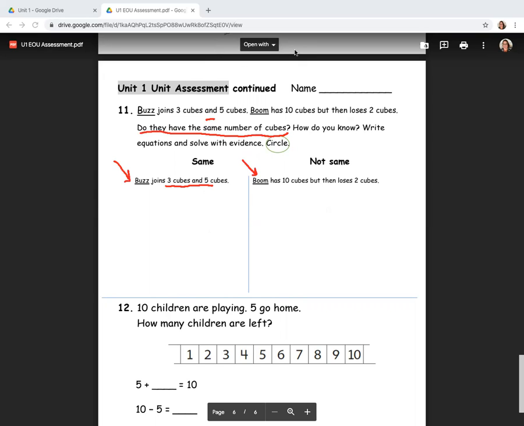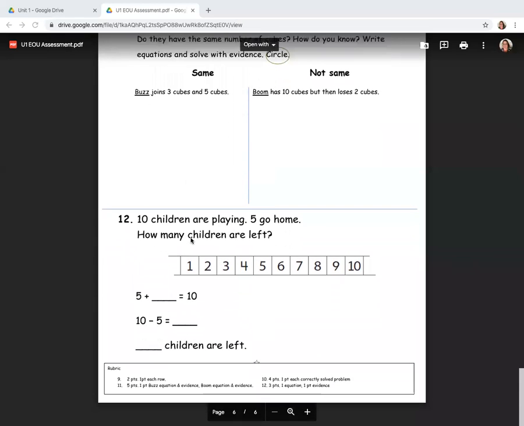And problem 12. 10 children are playing. 5 go home. How many children are left? 5 plus blank equals 10. 10 minus 5 equals blank.